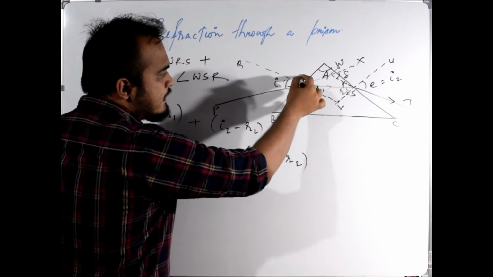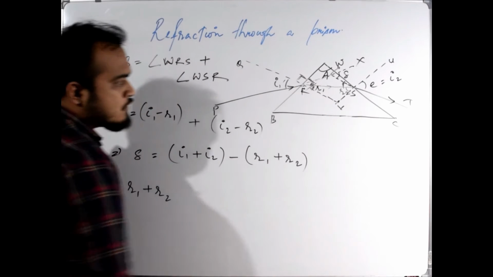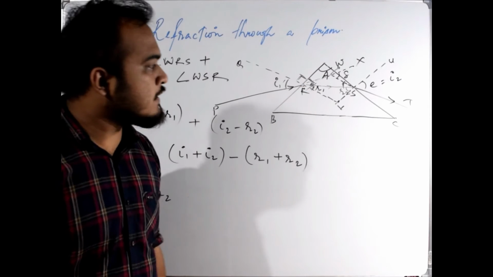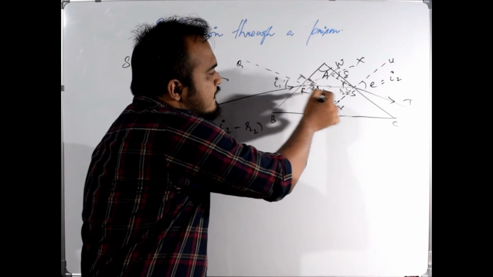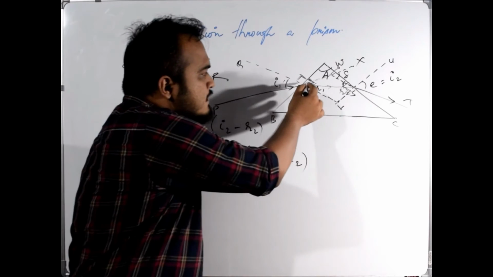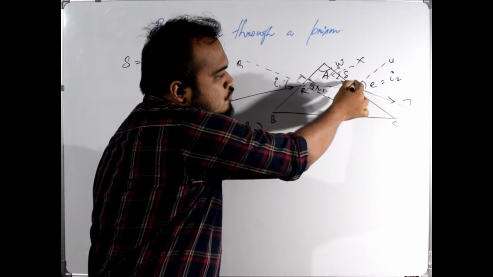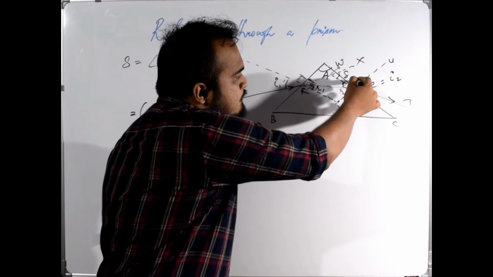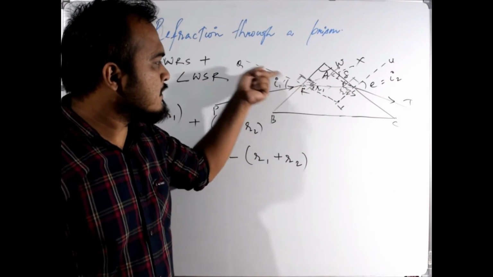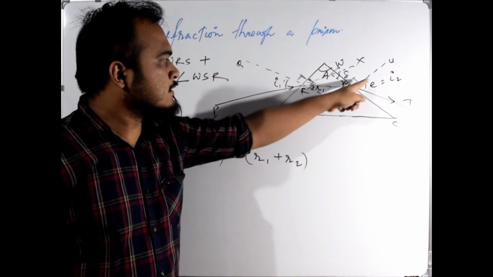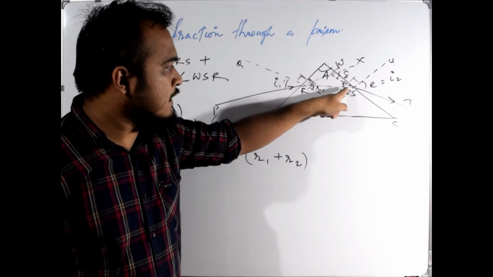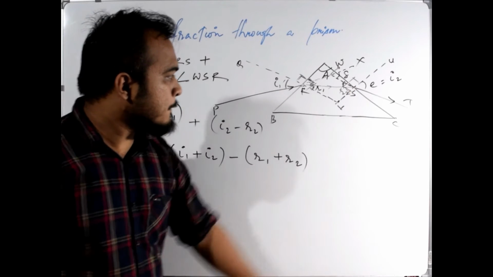If this is 90 degree, then this angle is also 90 degree. Why? Because this is the perpendicular, in the same way like this perpendicular. If this angle is 90 degree, then this angle will also be equal to 90 degree.